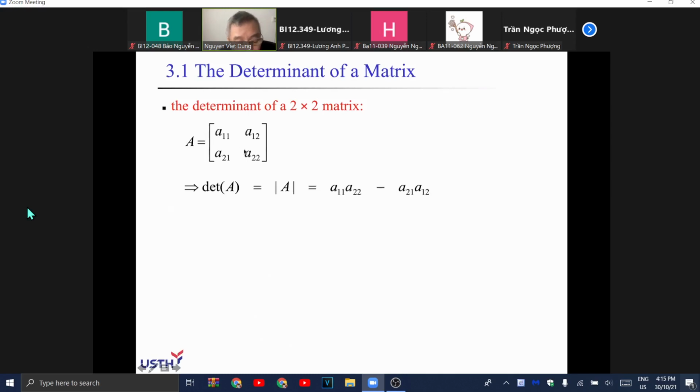You multiply the two entries on the main diagonal and subtract the product of the entries lying on the other diagonal. Very easy.